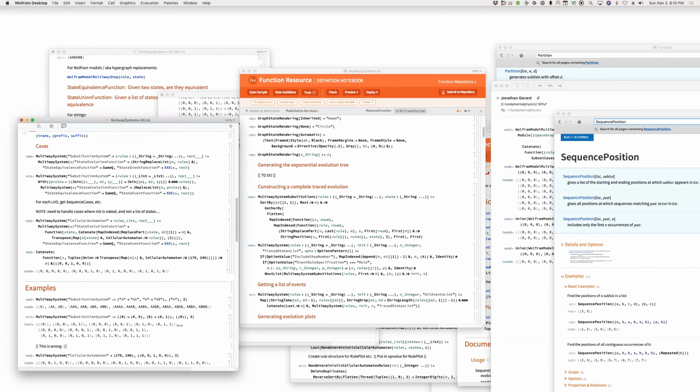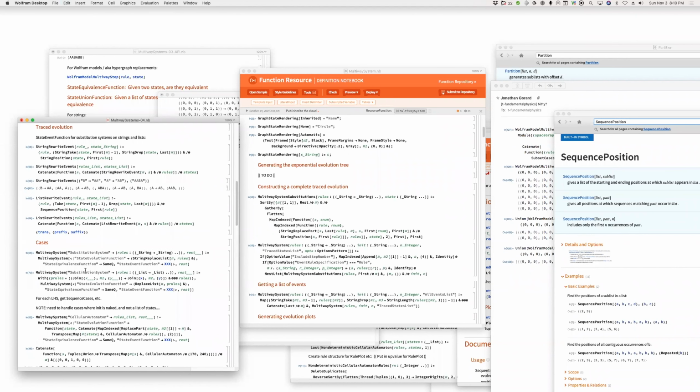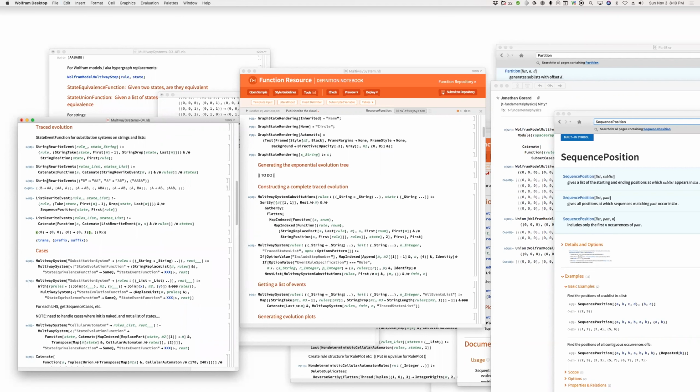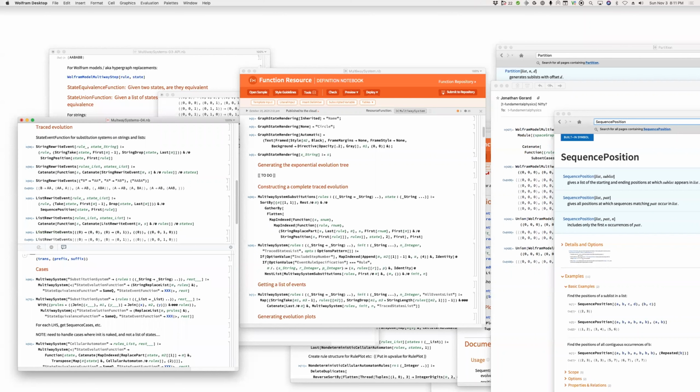Okay, so now wrong syntax, other way around. No, it's rules and state. Rule states.